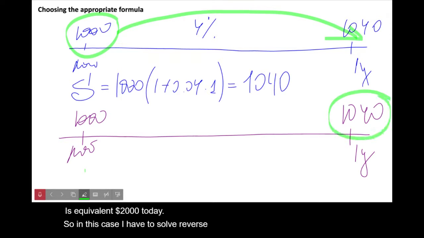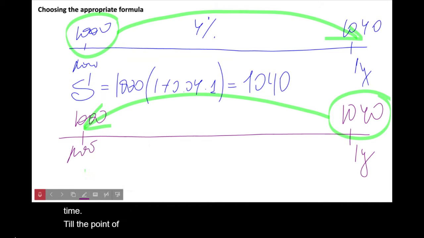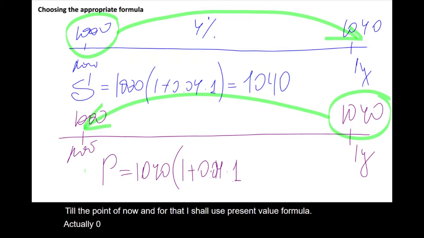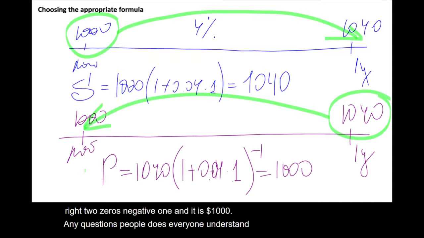I have to put 1,040 back in time till the point of now, and for that I shall use the present value formula. 1,040 times (1 plus 0.04) to the power of -1, and it is $1,000. Any questions, people? Does everyone understand what I just said?